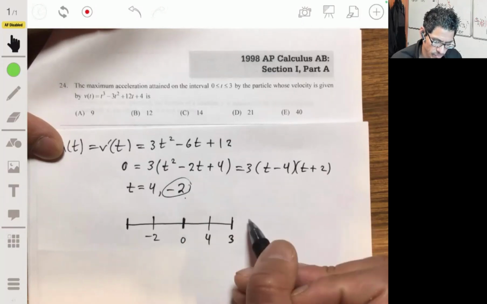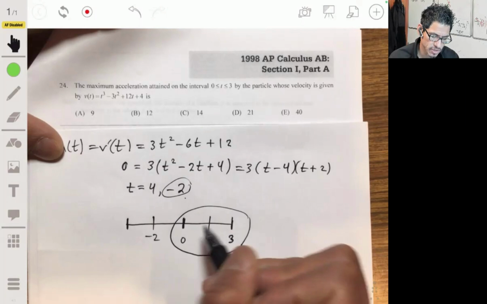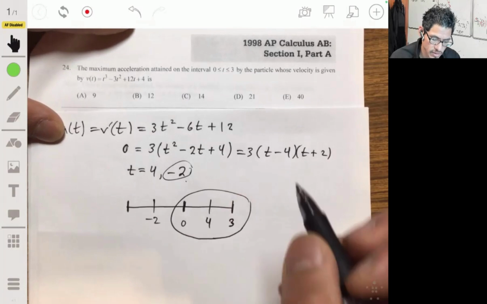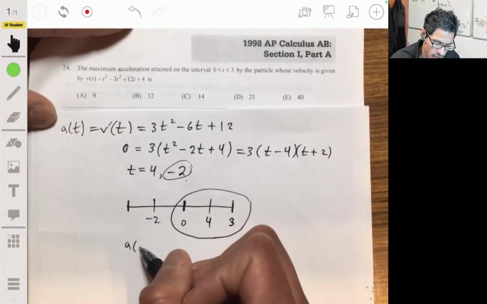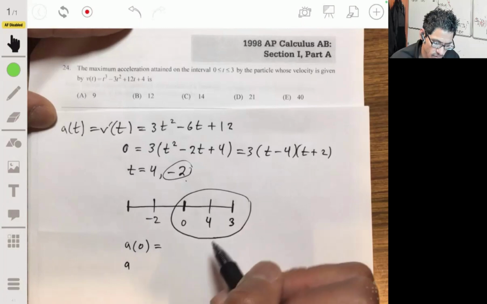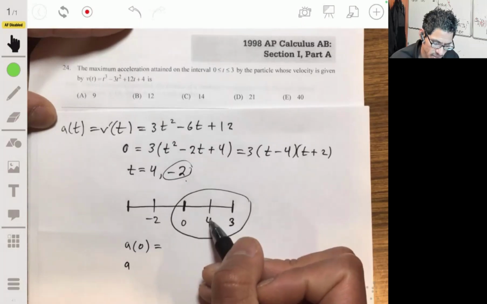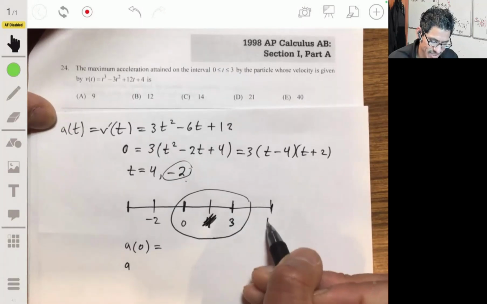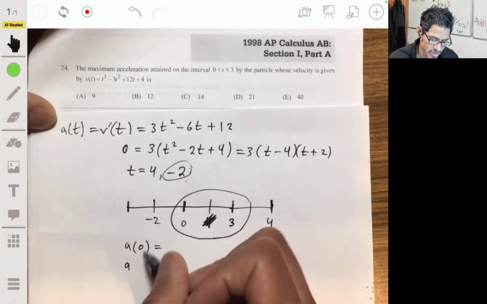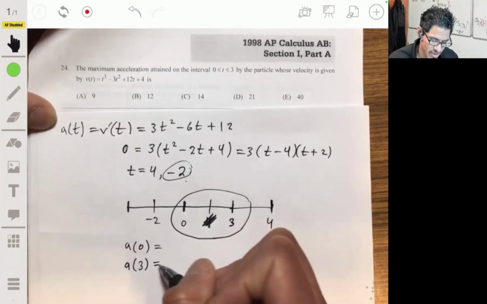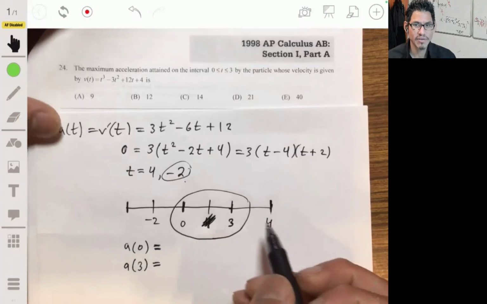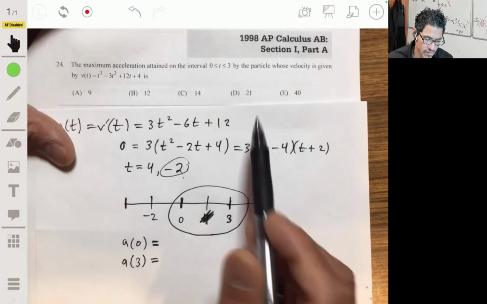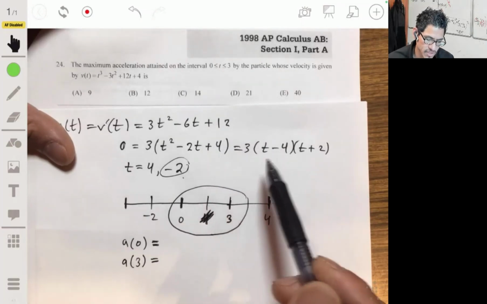Did I put this in the wrong order? That 4 doesn't even count. We just study a of 0 and a of 3. I don't like it when it's such a tedious problem, but let's just plug in 0 and 3, because 4 is not even in that interval. Okay, that makes our lives easier.